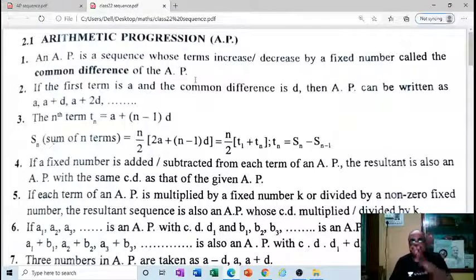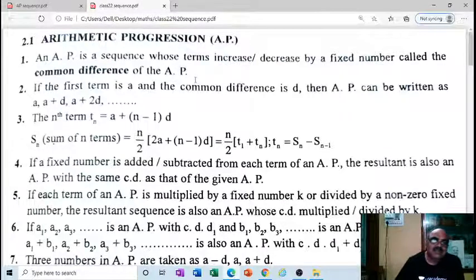Nth term is any term. It can be the third term, fifth term, 10th term. It can be any term in the series. This is called Tn. Now, I will be giving you one more term, that is called Sn. Tn was considered as the nth term. Sn is termed as the sum of n terms in the series.